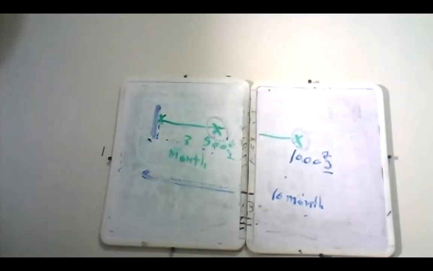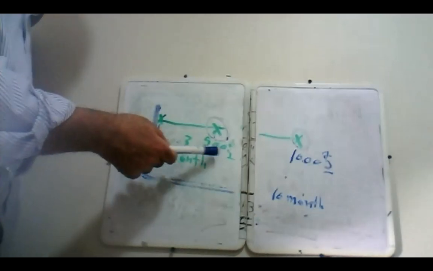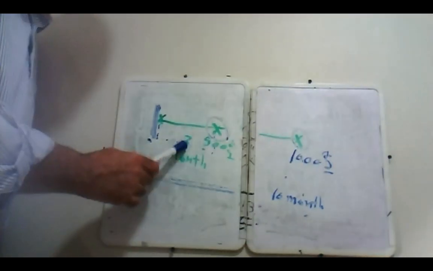As an example, I will take $500 after 3 months from now, and I will take $1,000 after 10 months from now. Here is now. This is now.